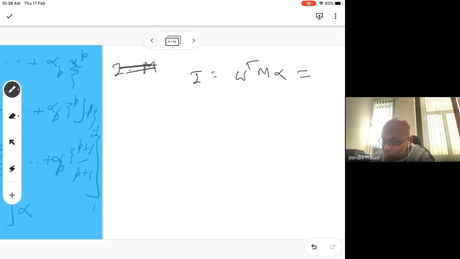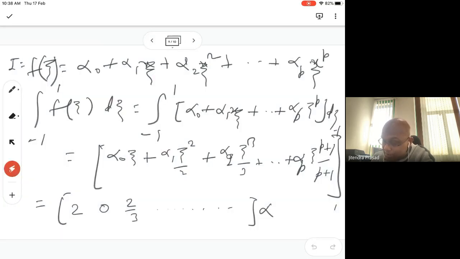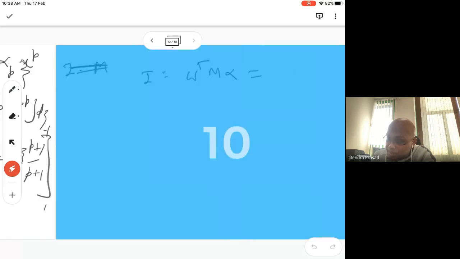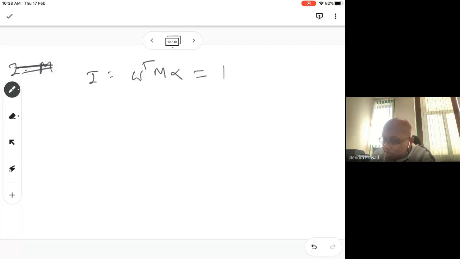Which will be equal to this. Let's call it P alpha. And that tells you simply that W transpose M is equal to P.